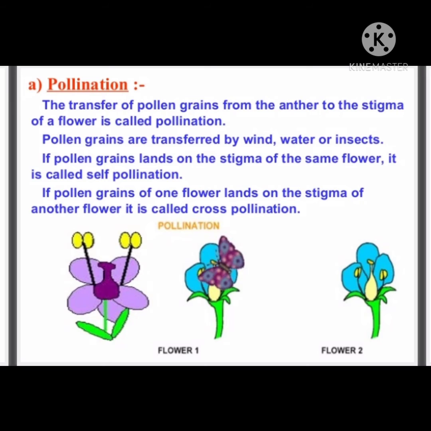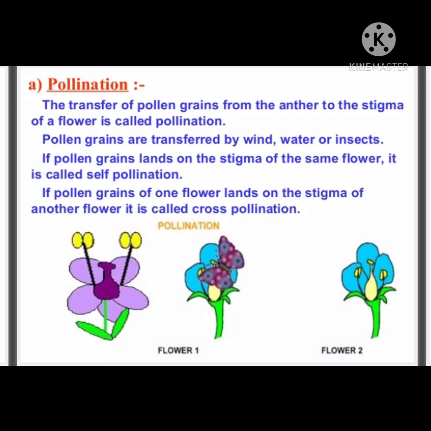But in some cases, the pollen of a flower lands on the stigma of another flower of the same plant or of a different plant of the same kind. Then we call it cross-pollination. So there are two types of pollination: self-pollination and cross-pollination.